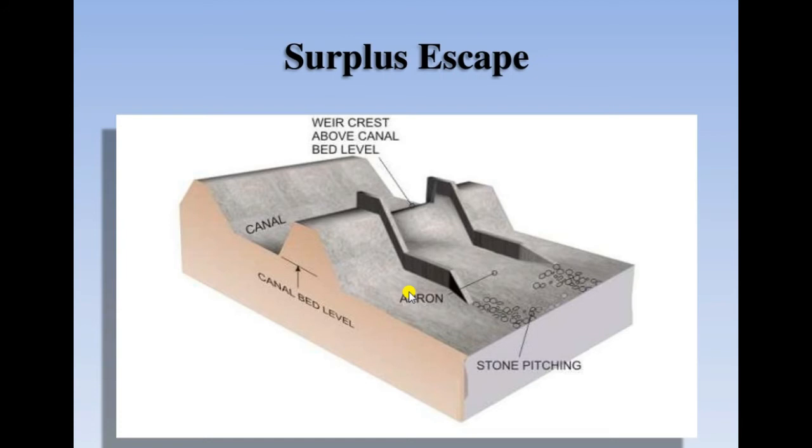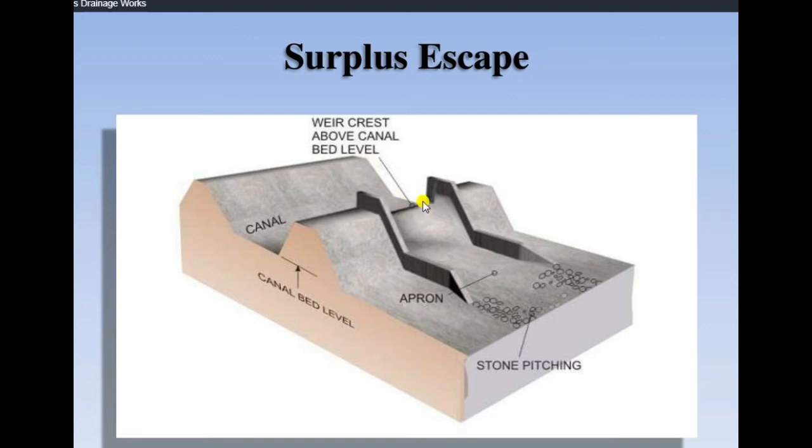Now that is the surplus escape. Then the weir crest is maintained at the HFL level, high flood level, or FSL level. In a canal, the maximum supply level is called the full supply level, FSL. So when the FSL is exceeded, the surplus water is automatically removed from the canal and connected with the natural tributary.